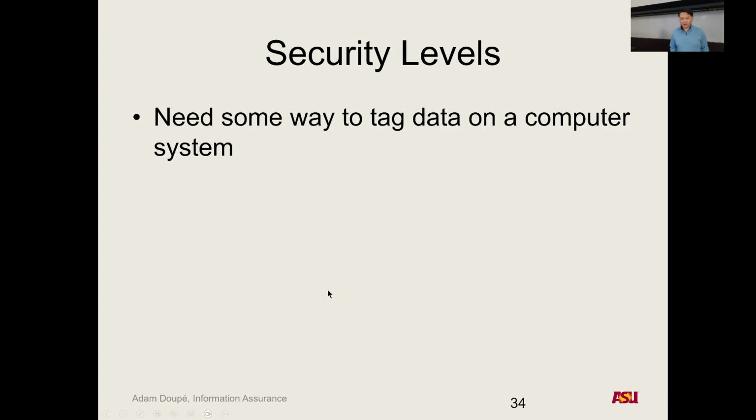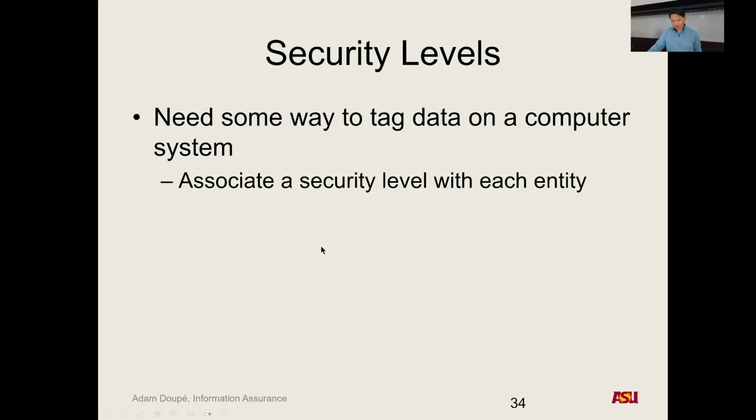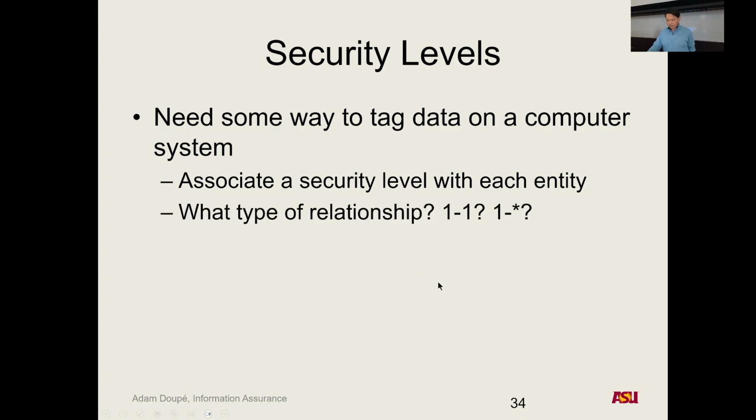So let's focus on the concept of security levels again, and let's see it in a computer. We need some way to tag data on a computer system. So in this way we can have some mechanism to tag data within our computer. So tagging is a way to classify based on the sensitivity. Okay. Sometimes we can consider the relationships like one-to-one mapping or one-to-many mapping.